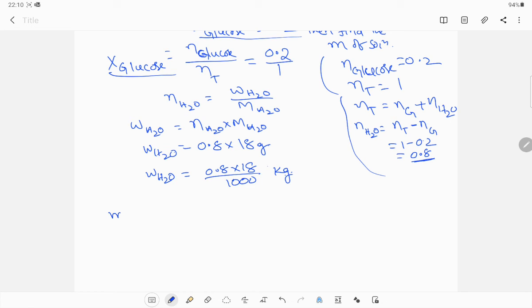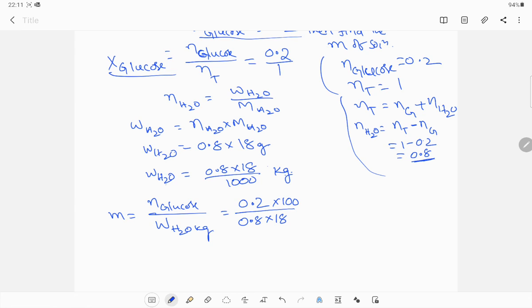Then molality formula is what? Moles of glucose divided by weight of water in kg. Then 0.2 divided by 0.8 into 18 into 1000.